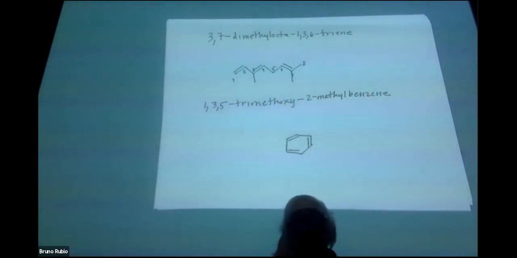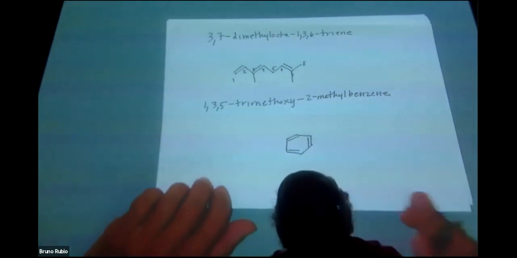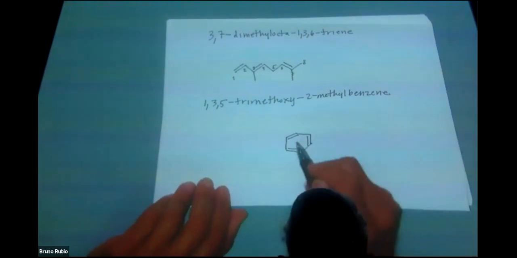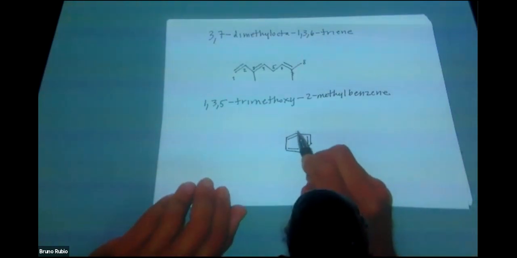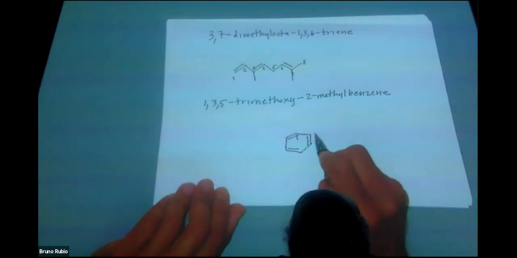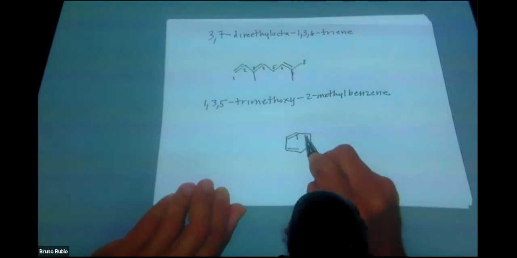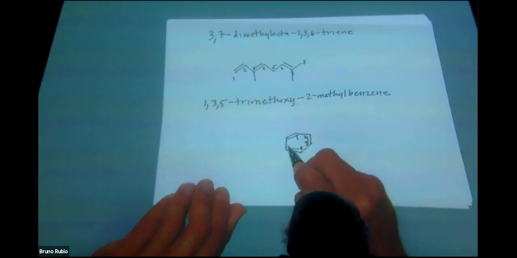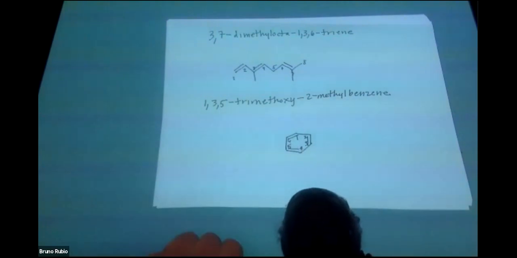And now the parent, which is benzene, is a ring. Where's carbon 1 on this thing? It doesn't matter. When the parent is a ring, it doesn't matter where you put carbon 1. So I'm just going to put carbon 1 up here at 12 o'clock, and I'm going to number, of course, consecutively, and in a consistent direction, right?